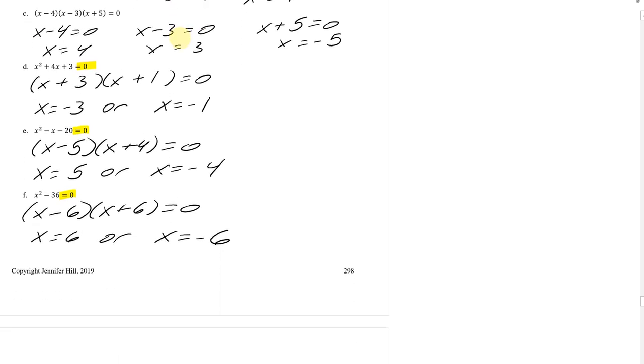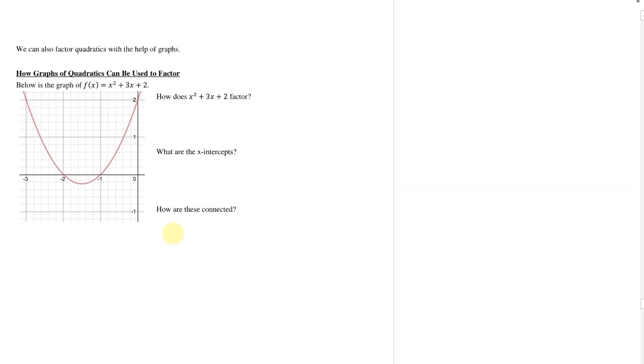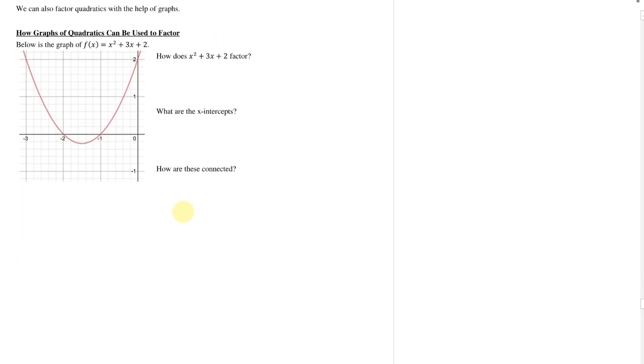I just want to make sure that you appreciate that. When these are equal to 0, then you have to solve them and you have to have x equals whatever. If they don't have that equal to 0, then you don't have to have x equals anything. Okay, so let's go to the next page. Now I want to go back to what we were talking about in the last section about how we can use quadratics to solve equations.